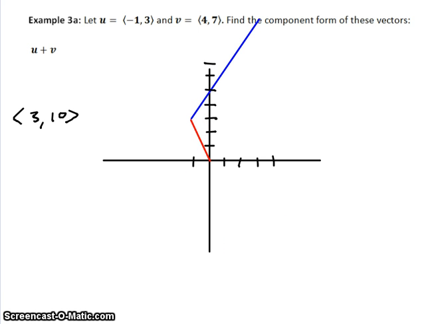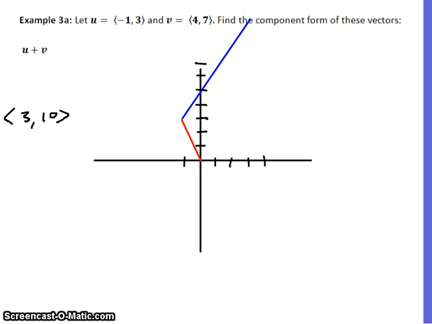The resultant vector is going to go from the initial point of u to the terminal point of v. This is, in purple, represented by this component form here, 3, 10.